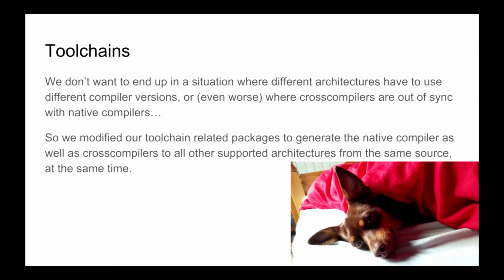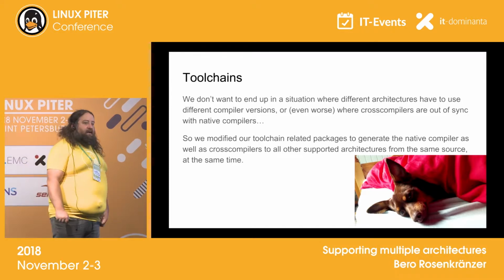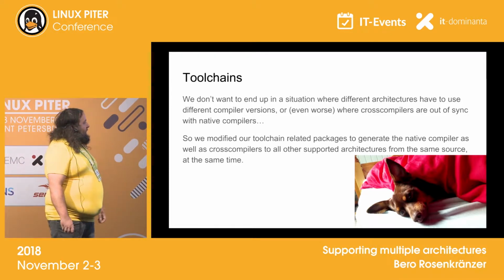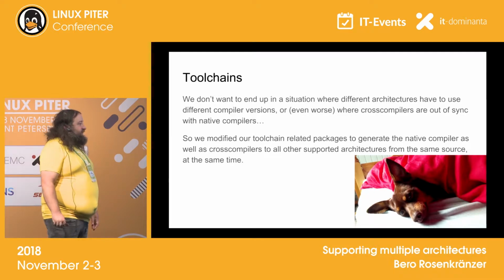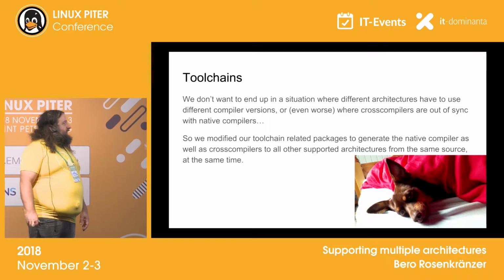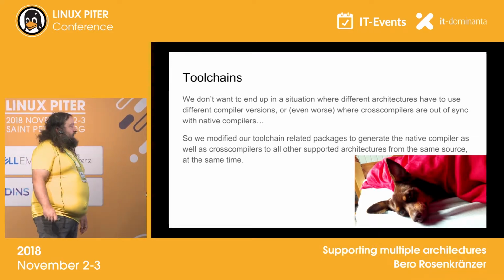So, the bigger point was the toolchains that we're going to come back to. We certainly don't want to end up in a situation where different architectures have to use different compiler versions, where cross compilers are out of sync with native compilers.